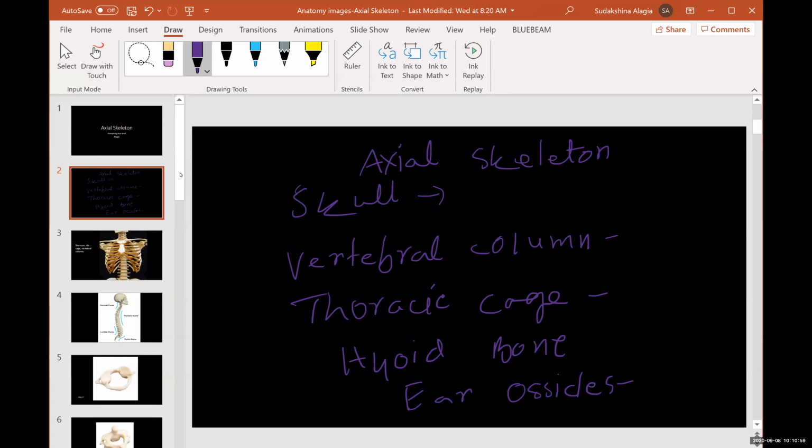So skull, vertebral column, thoracic cage, hyoid bone, ear ossicle.